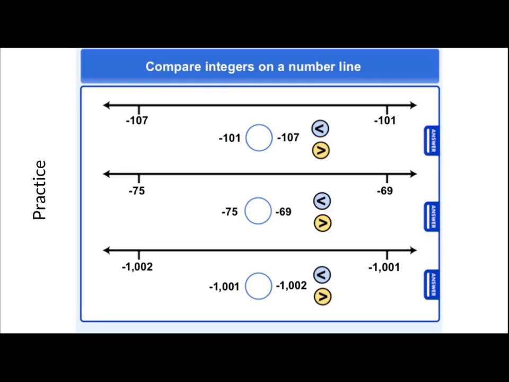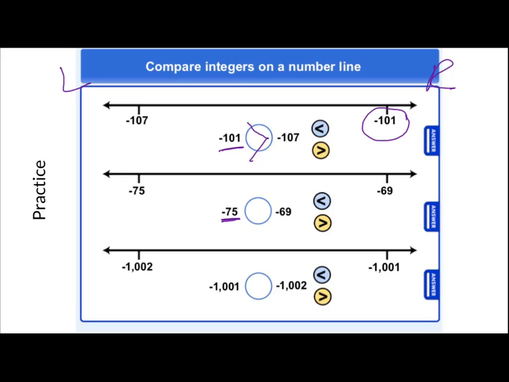So let's look at some comparisons here. We're going to start with negative 101, which is here on our number line. It's to the right. So since negative 101 is to the right on the number line, this is the right side, this is the left side, then we know that that number on the right has to be greater than. So this is the symbol that belongs in between.